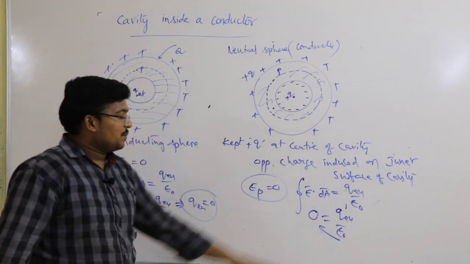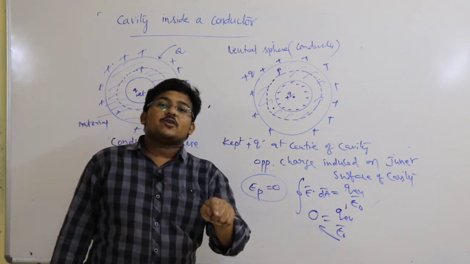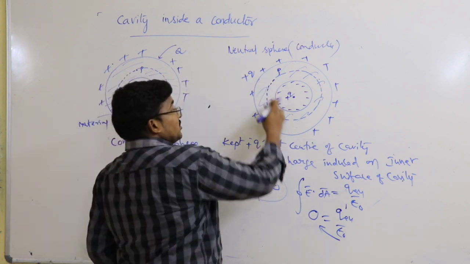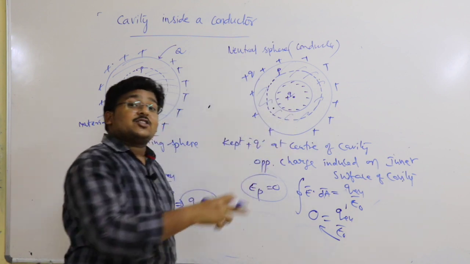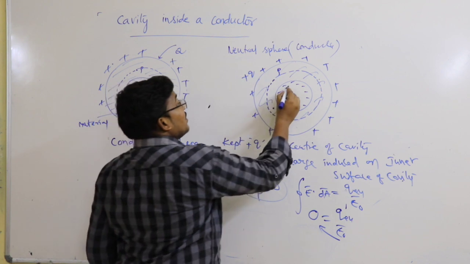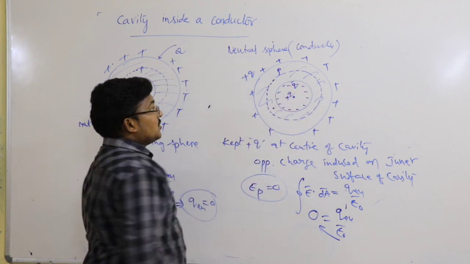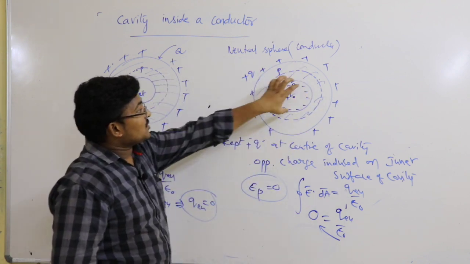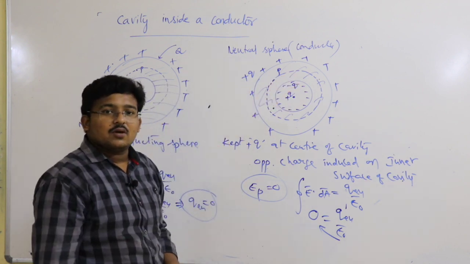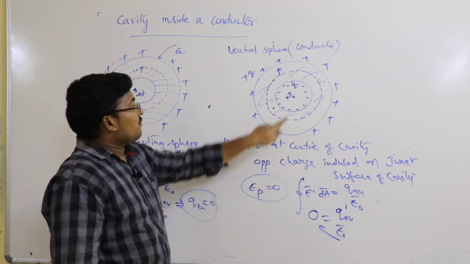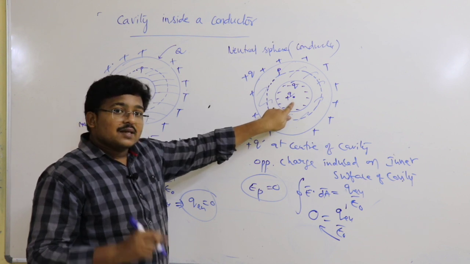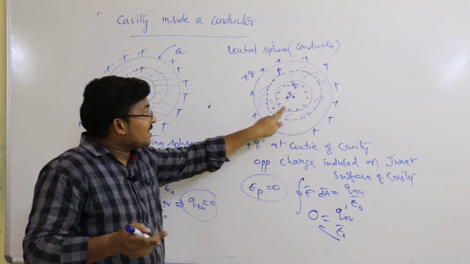Again epsilon naught goes to this side, means what we are getting, the enclosed charge must be 0. It means that in this Gaussian surface the net charge must be 0. That is why if the center charge is q, there is minus q on the surface. Now in this Gaussian surface, what is the total charge? q is there, minus q is there, the sum of the charges is 0. That is why I am telling you, when plus charge is kept at the center, the opposite charge is created on the inner surface.